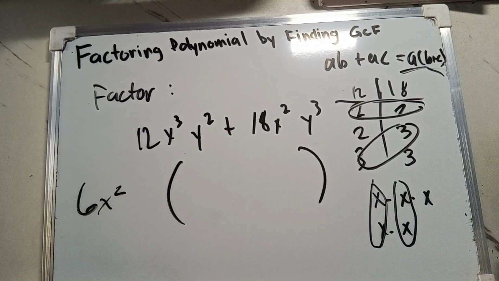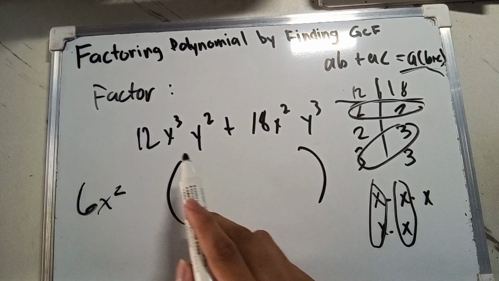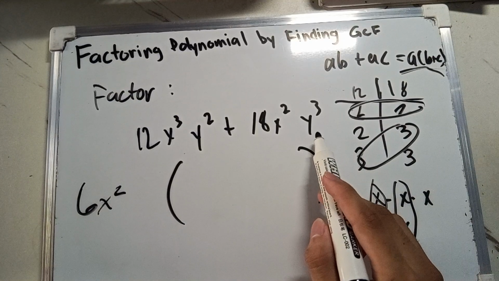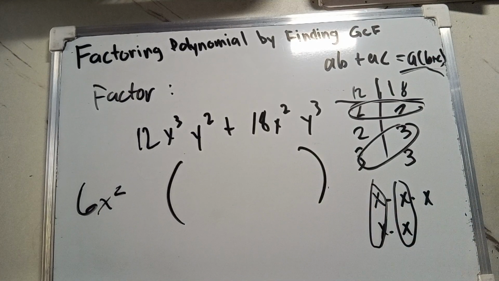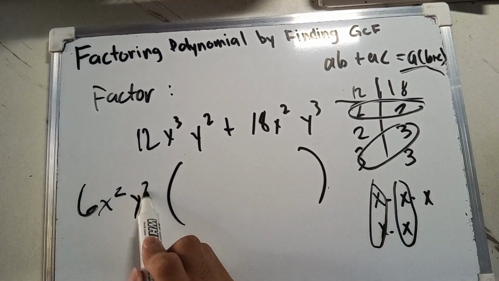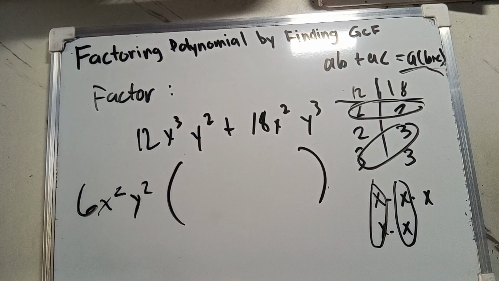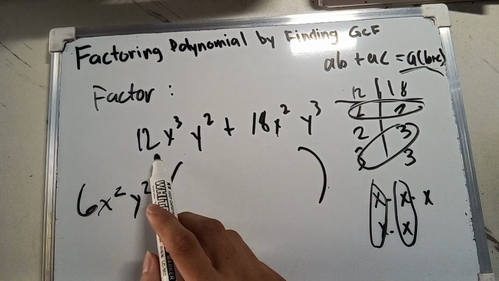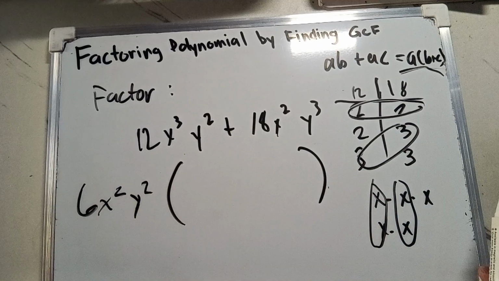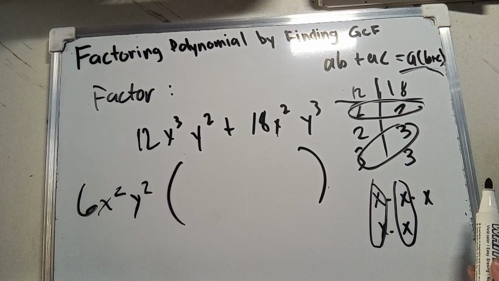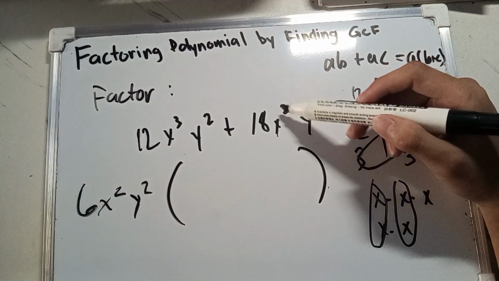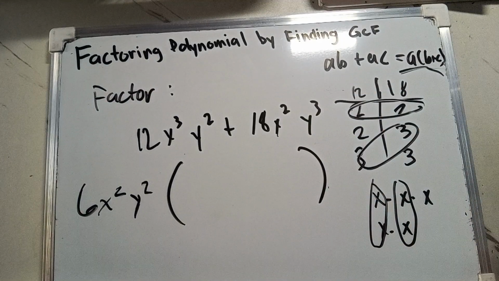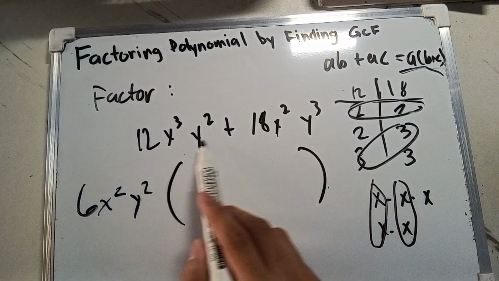Now for the variable y, same thing, so it is y squared. If we have two similar variables with different exponents, we just get the lowest exponent as the factor, since these two variables have the same base.